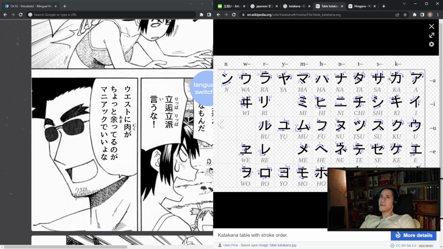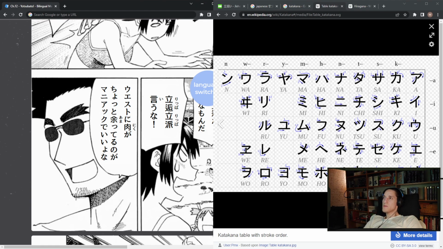Katakana, give me katakana. Uesuto. Uesuto ni. What is uesu? Uesuto ni niku ga.